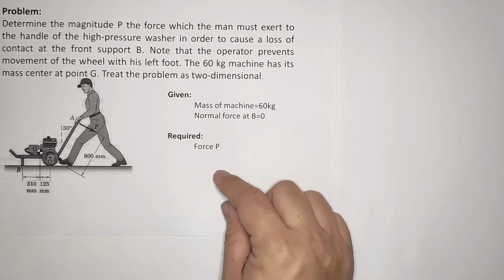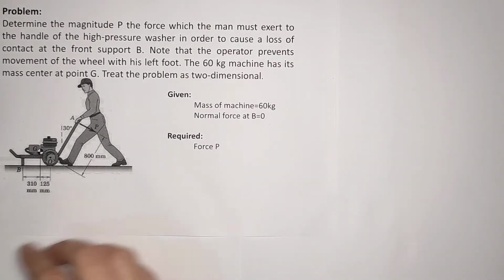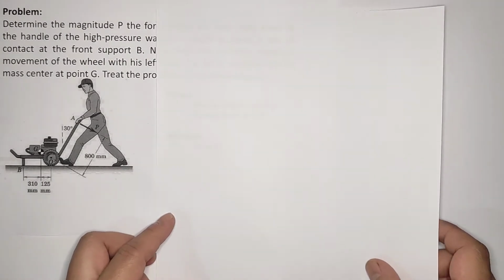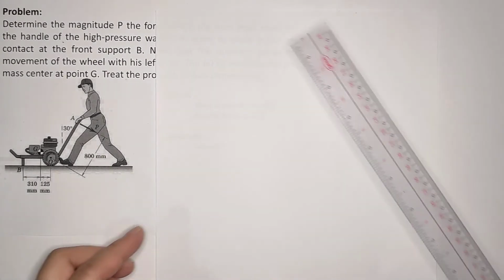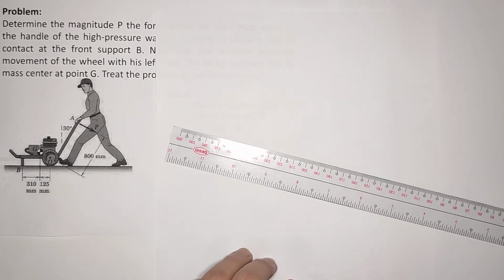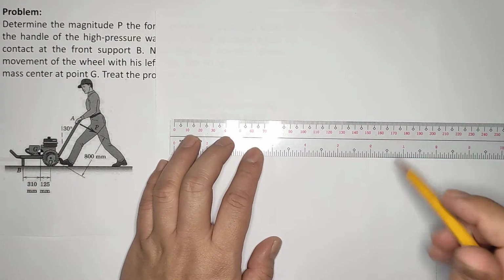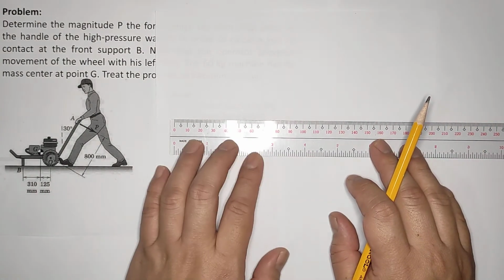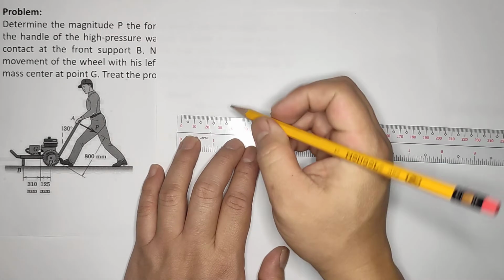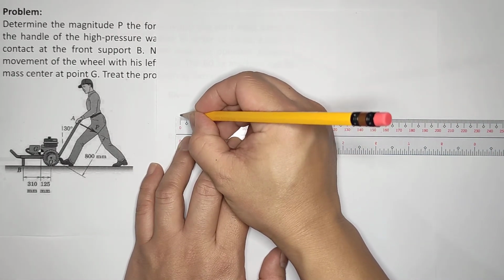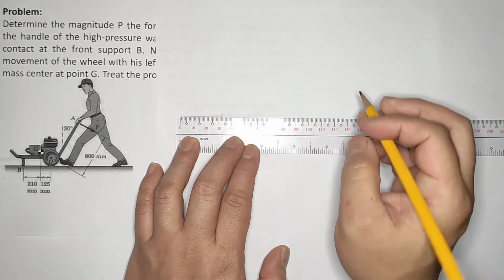So the next thing that we're going to do after the given and required is to draw the free body diagram. We will just draw simple lines. Here you have 3.1.